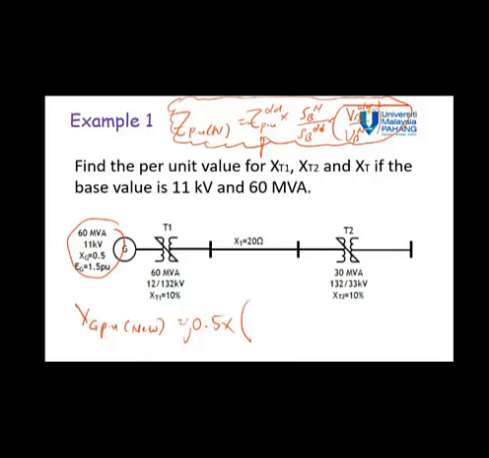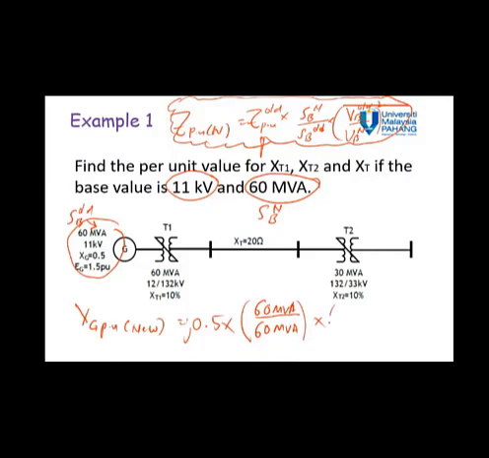Find the per unit values for XT1, XT2, and XT if the base value is 11 kV and 60 MVA. So S base new is 60 MVA, and S base old is also 60 MVA. In this case, we have the same values.